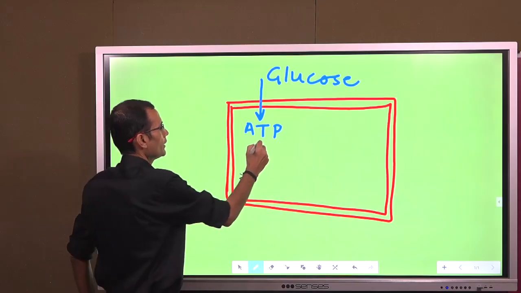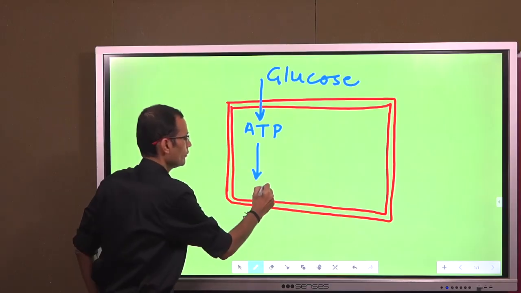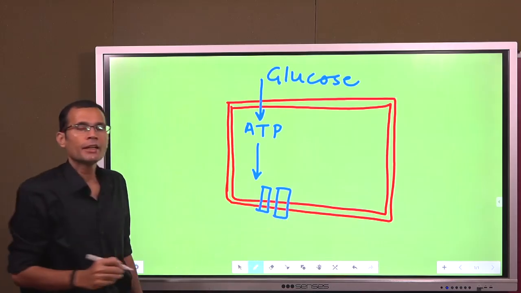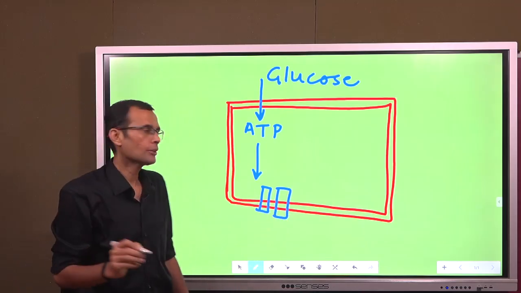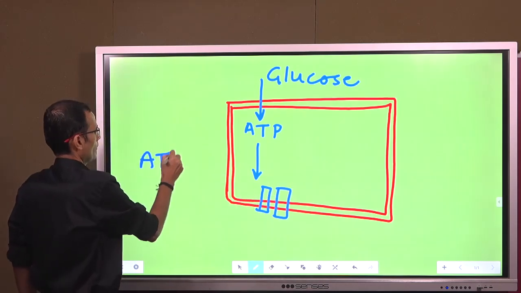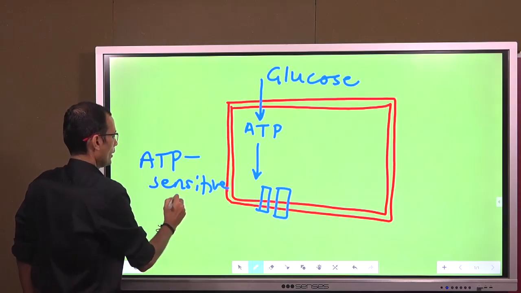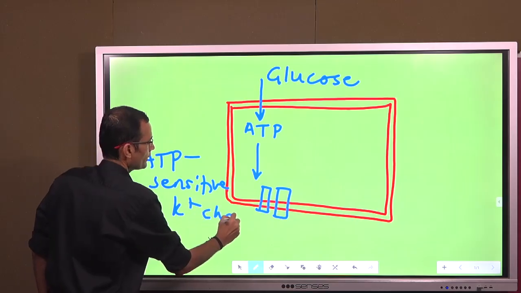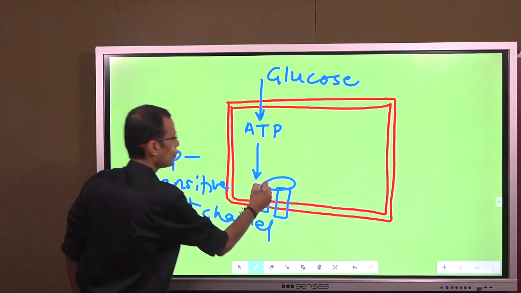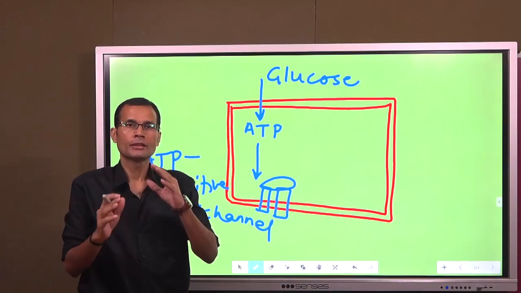And once these ATPs are formed, they will act upon the ATP sensitive potassium channel. The ATP sensitive potassium channel will be closed once these ATPs are generated.